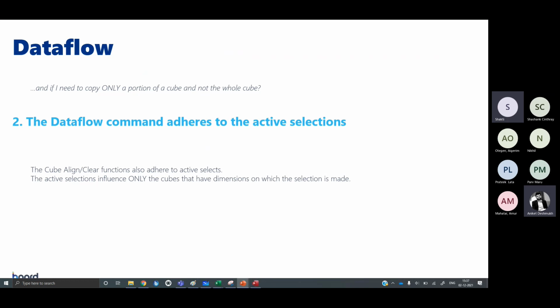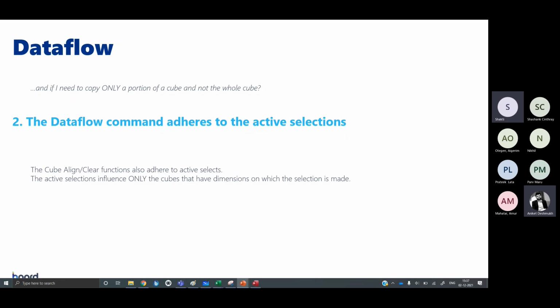We already have seen that example, isn't it? So the data flow command always adheres to the active selection. That also means the data cube align and the data clear, the cube clear function, also adhere to the active selection. And the active selection influences only the cubes that have the dimensions in which the selection is made.